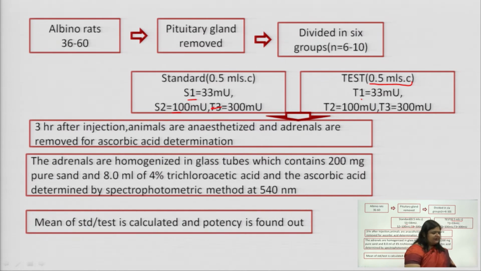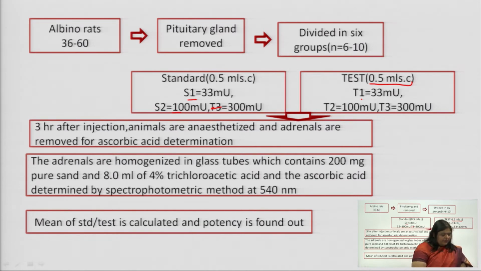Then 3 hours after injection, the animals are anesthetized and adrenals are removed for ascorbic acid determination. These adrenals are homogenized in glass tubes which contain trichloroacetic acid 4%, and ascorbic acid is determined by the spectrophotometric method at 540 nanometers.